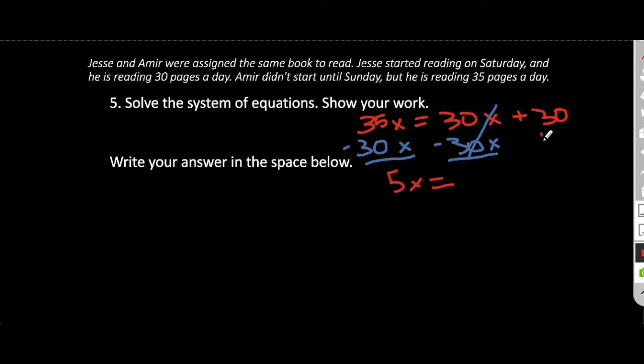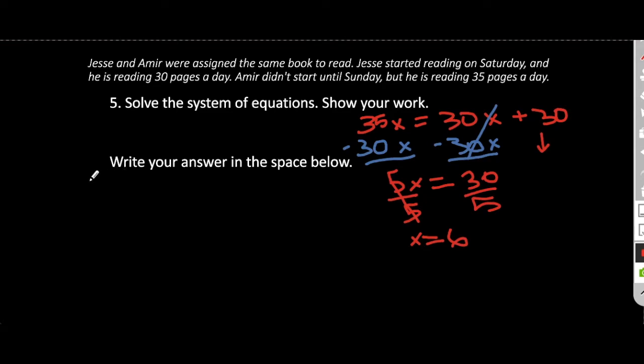So 5x is equal to 30, divided by 5. Now x should equal 6. That looks a little more right. So now I can substitute x into either of my original equations to find y.